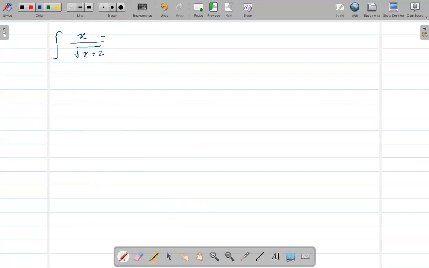So here, what we can do is, we have x plus 2 here on the bottom, and on the top we just have x, right?